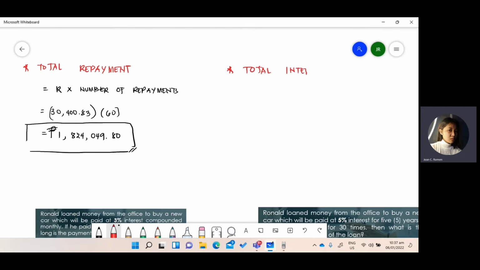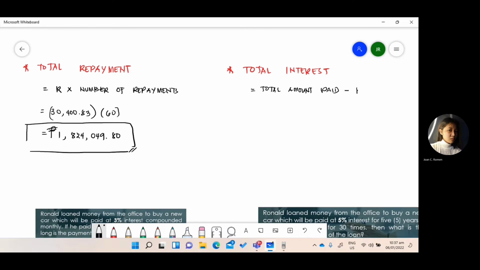For the total interest, the down payment is excluded. Again, the down payment is excluded. To get the total interest, that is equal to the total amount paid minus the principal. The principal here is your beginning balance, with the down payment already excluded. Again, the principal we will use is the one with the down payment removed.